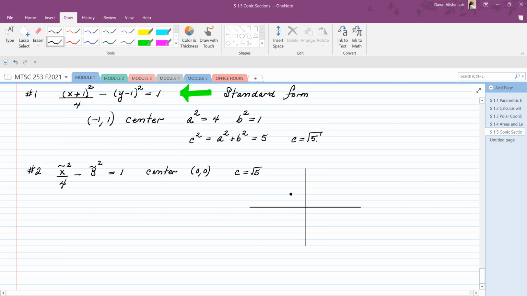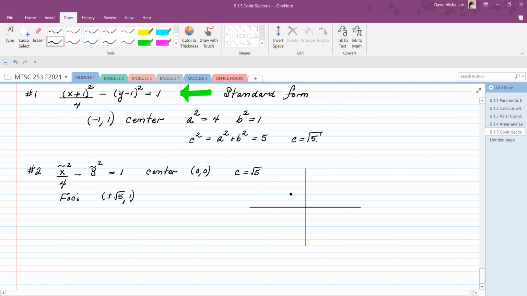Okay, so the foci of the unshifted problem would be at plus or minus the square root of 5, 0. Which means then that the foci from our problem are shifted.